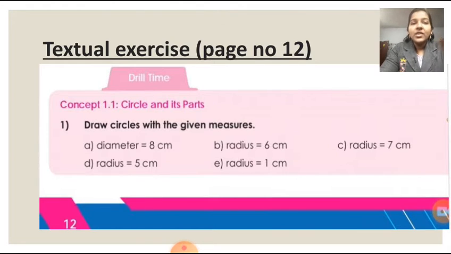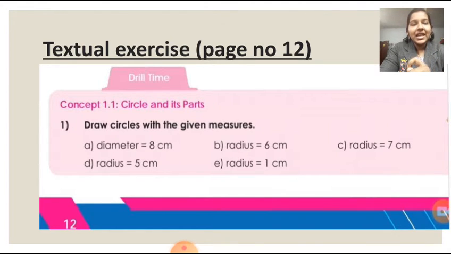In some questions the radius is given, and in one question the diameter is given. I know everyone has a doubt how we can draw a circle with the given diameter, isn't it? Children, we know how to find the radius when the diameter is given. What is the formula?